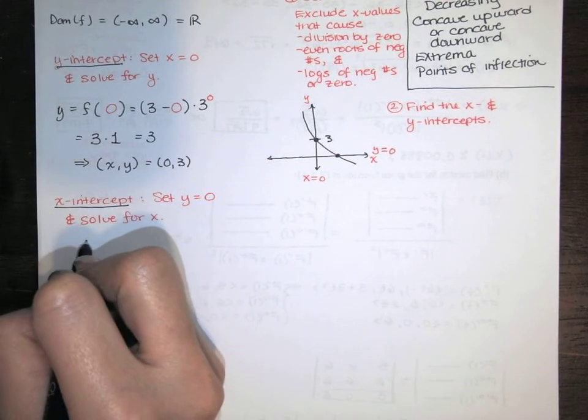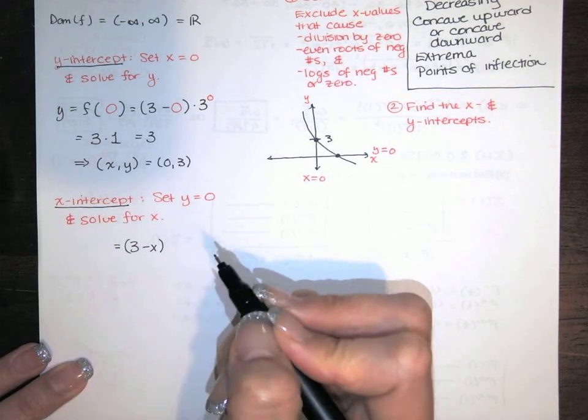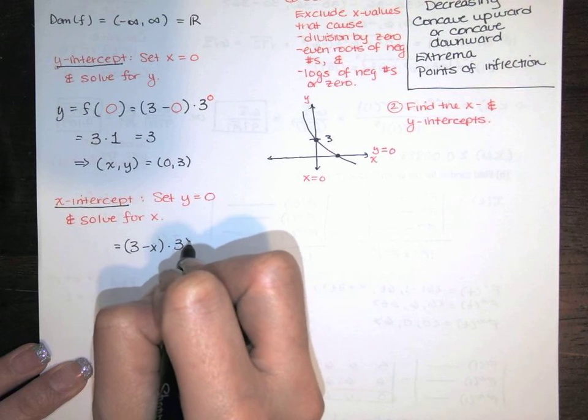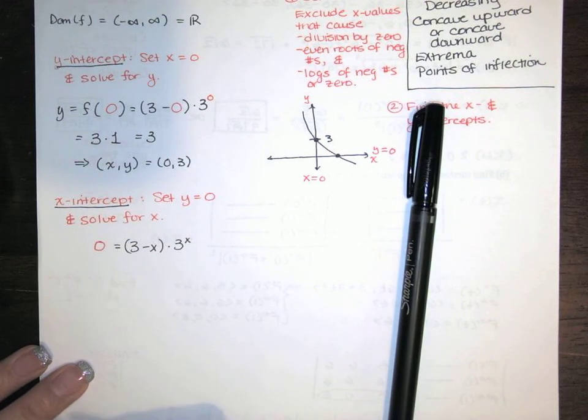So I'm replacing f of x with 0 because f of x and y are the same thing, right? So we're setting that y value equal to 0 and we're solving for x.